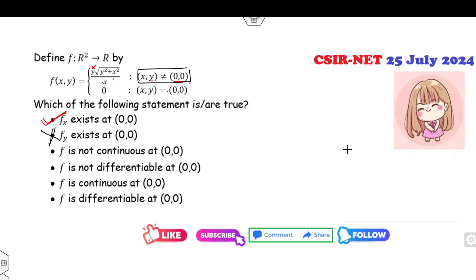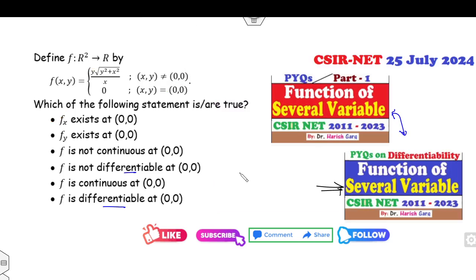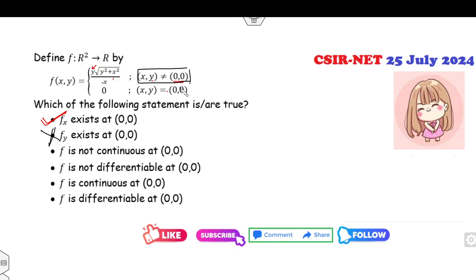Clear? Now, as I mentioned in my shortcut tricks, if either fx or fy does not exist, what does it mean? The function is not differentiable. Since in this case I have proved that fy does not exist, it means the function is not differentiable at 0 comma 0. Now how can you check the continuity? I can change into the polar form.